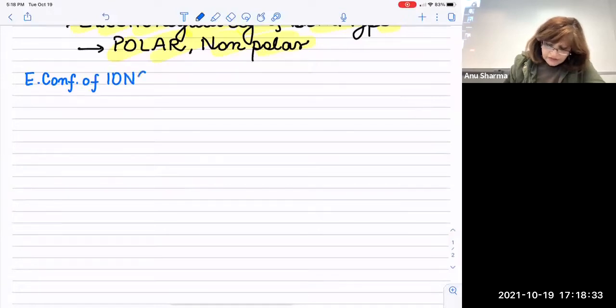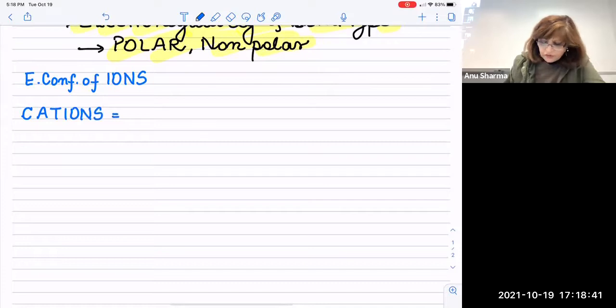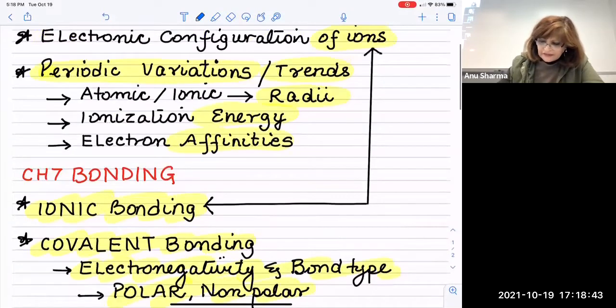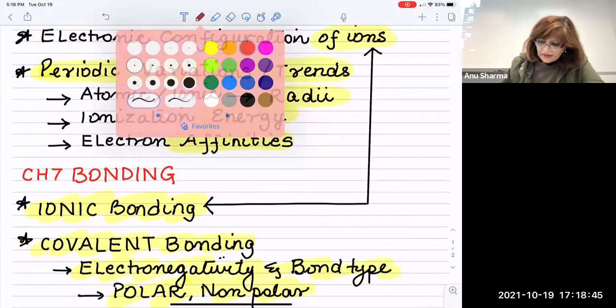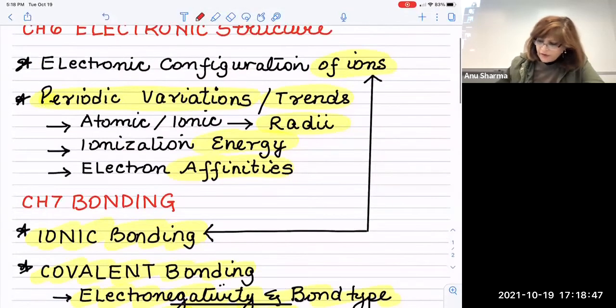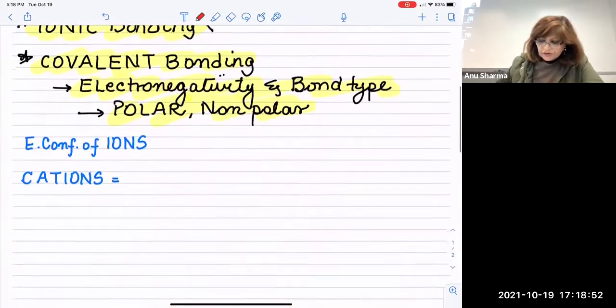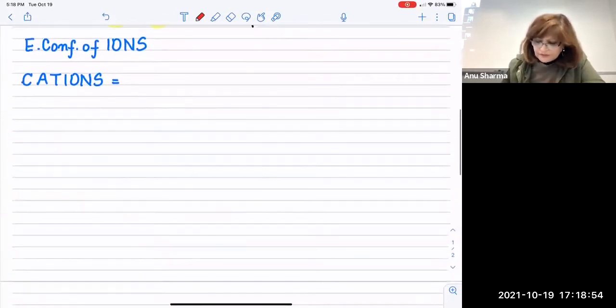Now, ions are two types. One is the cation. The cations are positively charged, and this also, like I said, these two are connected, the formation of ions and this part on the ions and the ionic bonding. These two things are connected. So in a way, we are starting off with chapter 7 also.